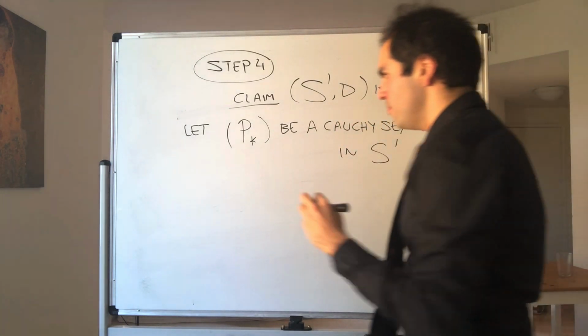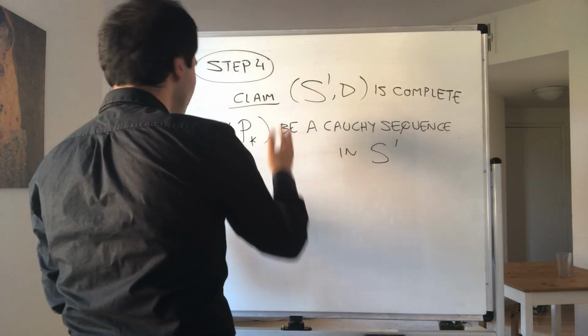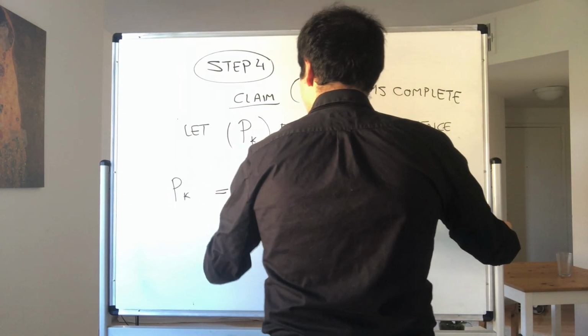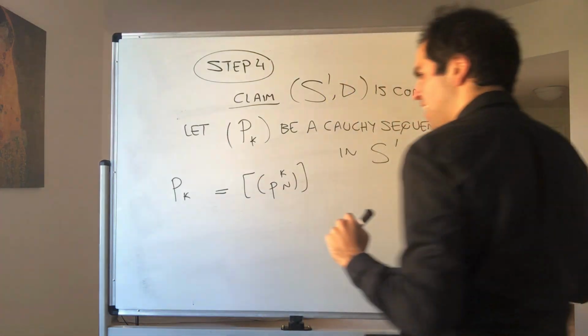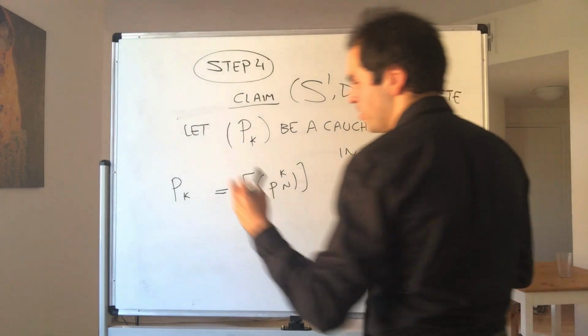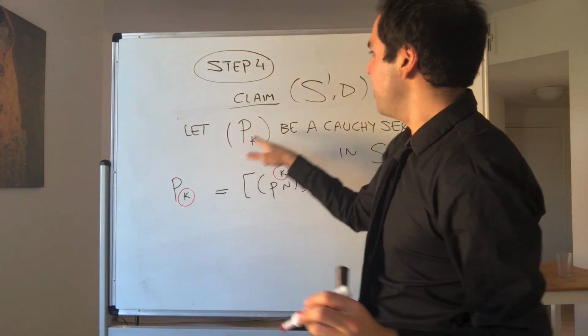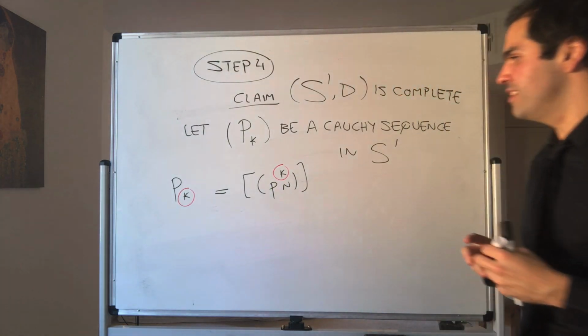Now, here's the thing. Remember P_k is an element of S prime, so it's an equivalence class of sequences. So it's of the form P_kn, where n is a natural number. It's very important to understand there's a difference between k, which is the kth element in S prime, and n, which is the index of the element of the sequence.